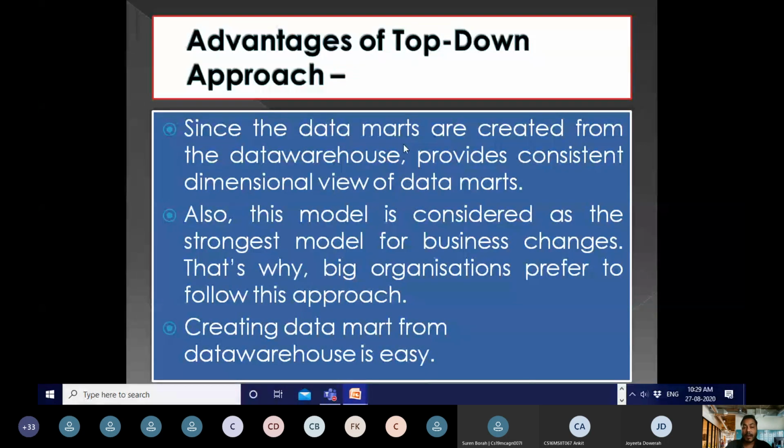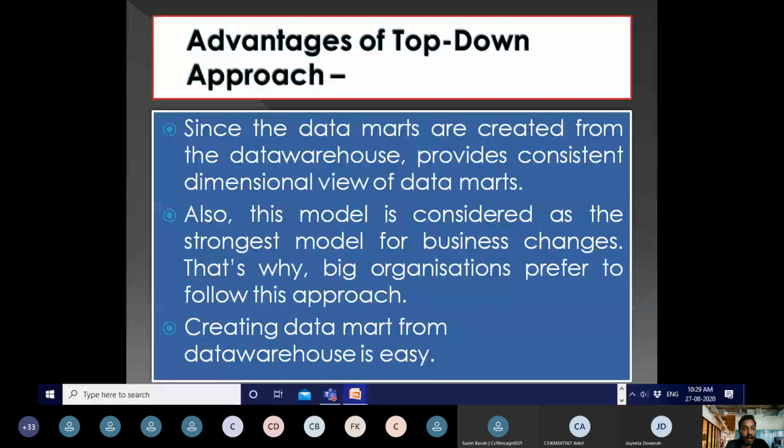You kept the data in the data warehouse, and in the data warehouse we are focusing on the multi-dimensional view. And what is a multi-dimensional view? We'll discuss it again in another topic of data warehouse, but still I'm giving you an overview: here every attribute we consider as a different dimension.